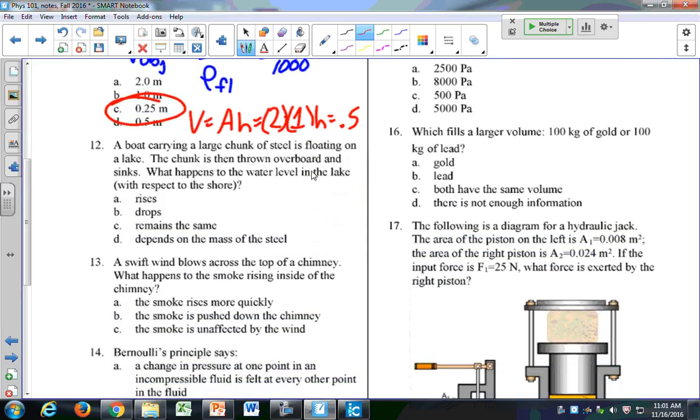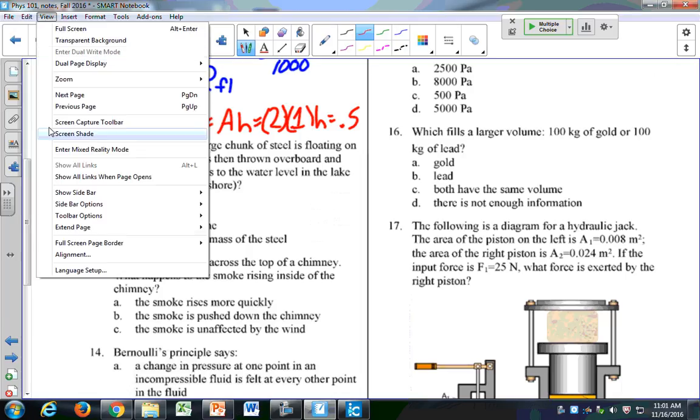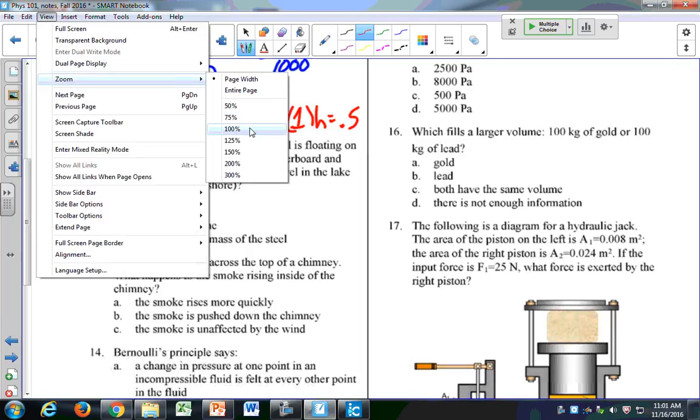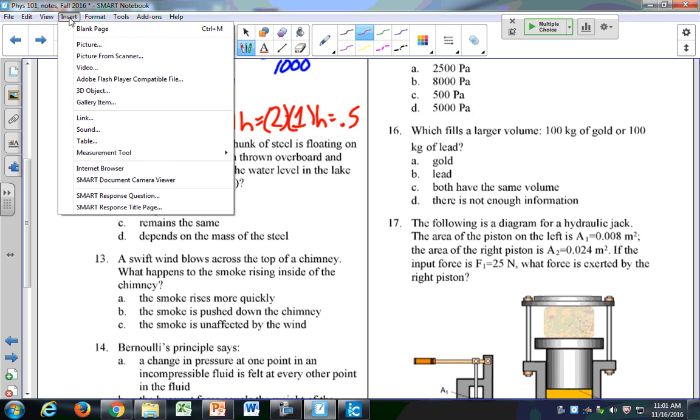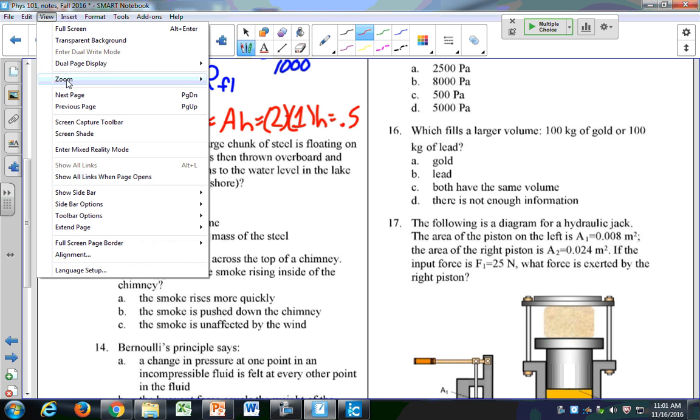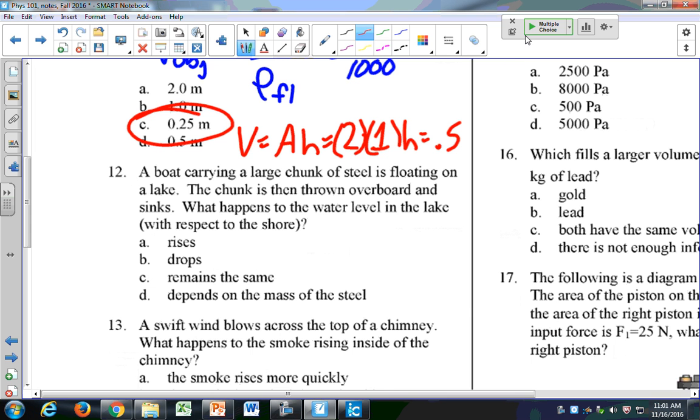While we're here, let's go ahead and try number 12. I'll blow it up a little bit. A boat carrying a large chunk of steel is floating on a lake. The chunk is then thrown overboard and sinks. What happens to the water level in the lake?